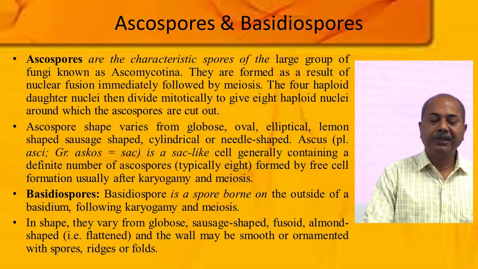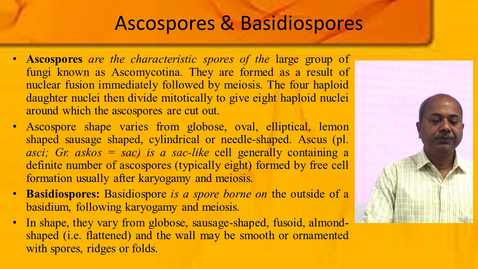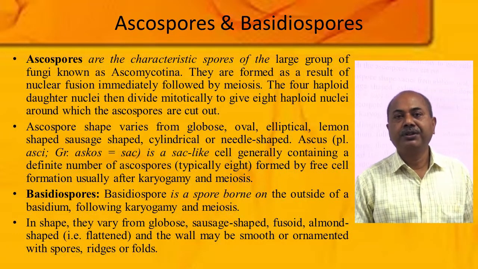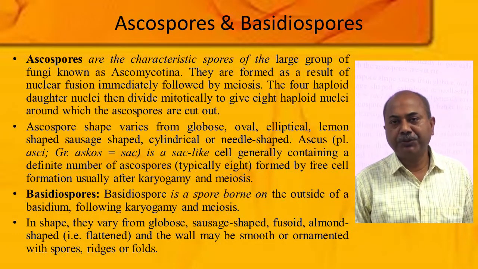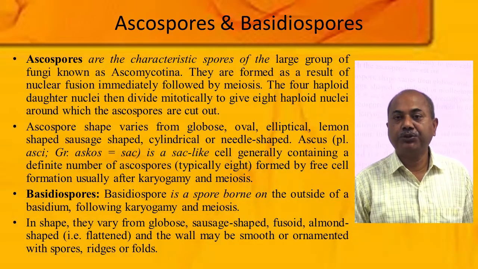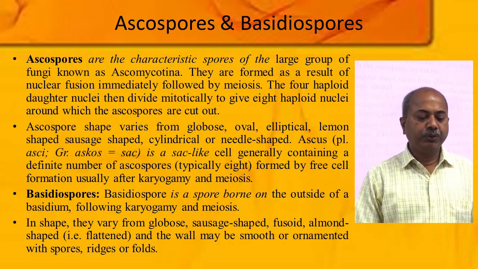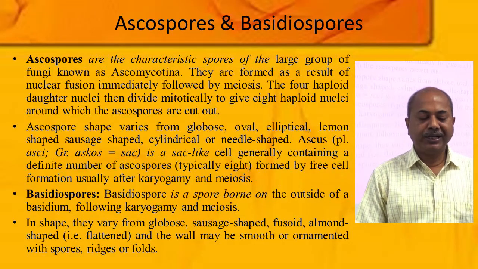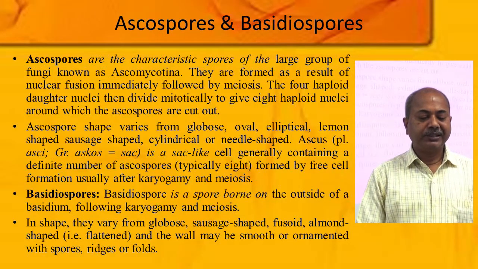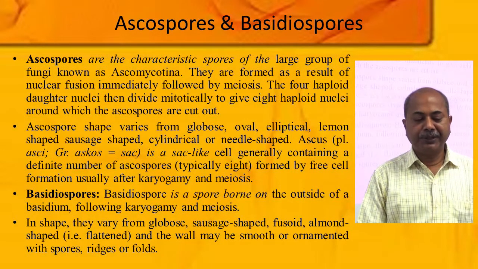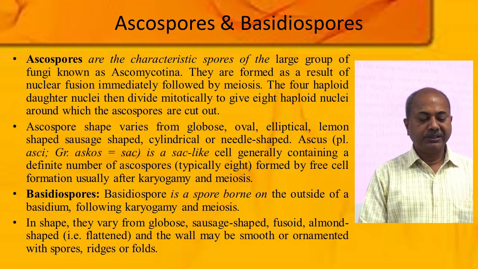The ascus is a sac-like cell, generally containing a definite number of ascospores, usually 8, formed by free cell formation, usually after karyogamy and meiosis. While a basidiospore is a spore borne on the outside of the basidium following karyogamy and meiosis. So you all know that ascospores are endogenously produced, while the basidiospores are exogenously produced. In shape also they vary from globose, sausage-shaped, fusoid, almond-shaped, that is flattened, and the wall may be smooth, ornamented with spines, ridges or folds.